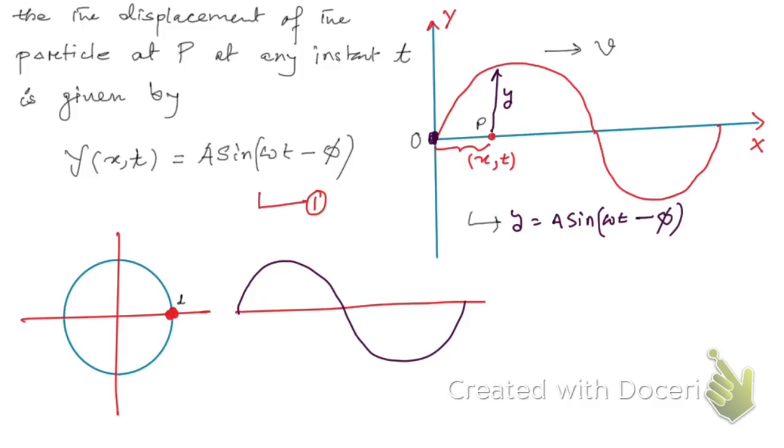If we compare this simple harmonic wave with this uniform circular motion, then we can take the particle at this position starting from this position.